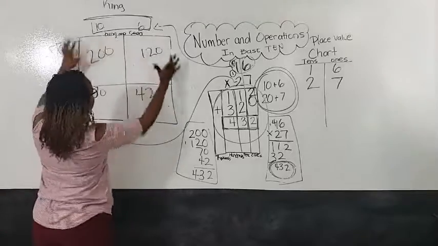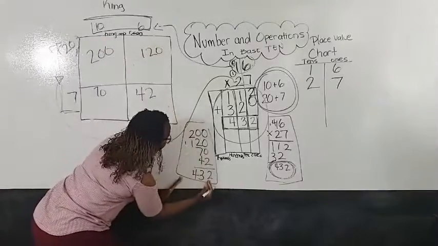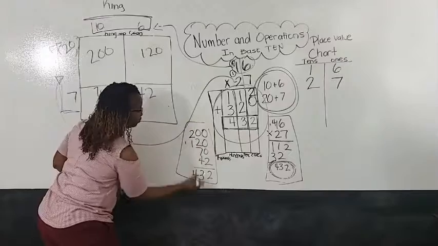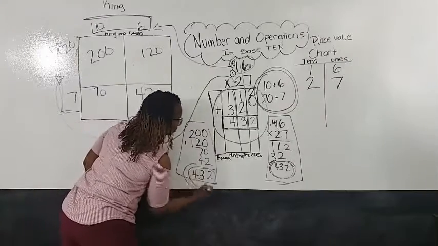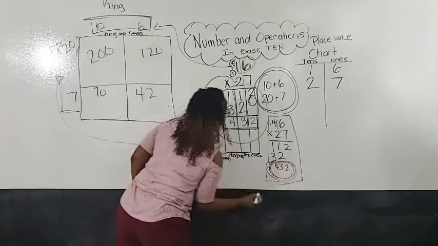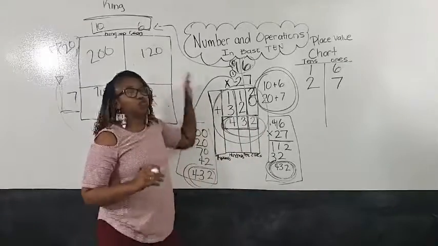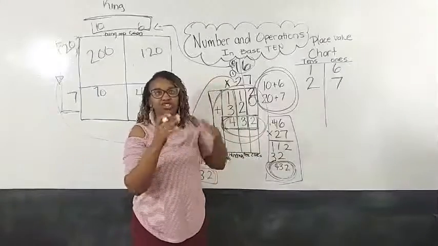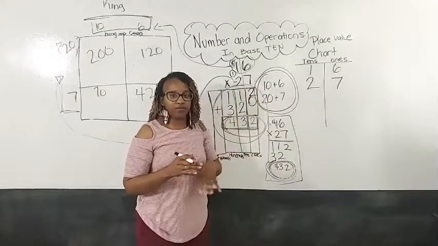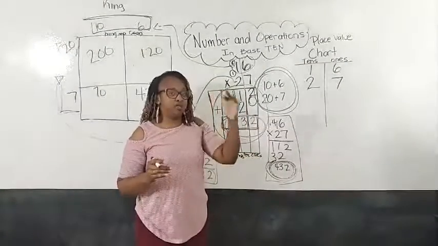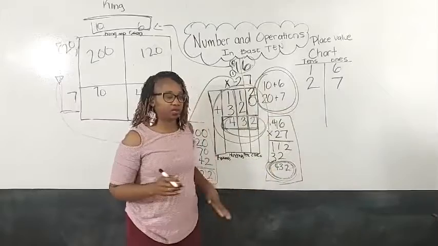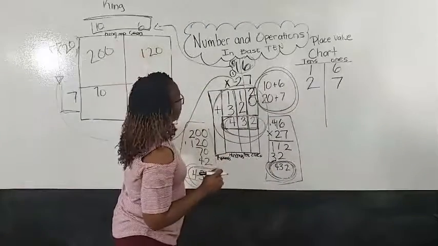And then you take all of those numbers out, line them up, and then you add them together to get to your answer. 432, 432, 432, right? So there's more than one way to get to the answer, okay? There's only one right answer, but there's more than one way to get to the right answer, okay? And sorry for that confusion on that side.